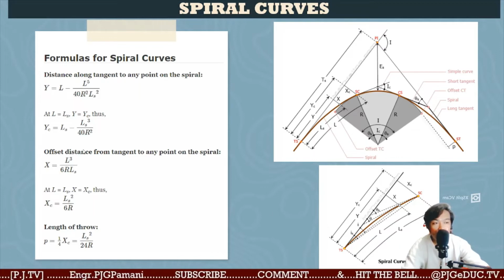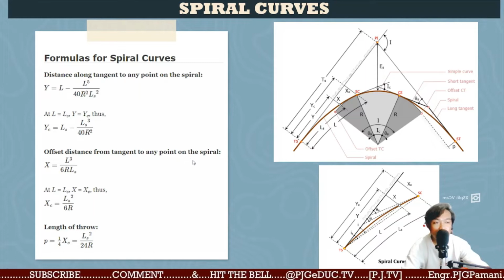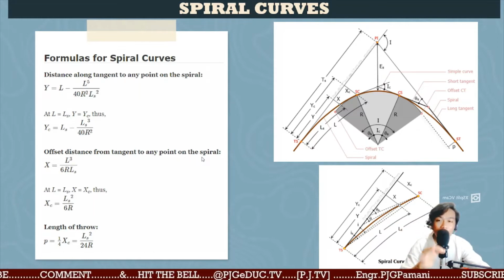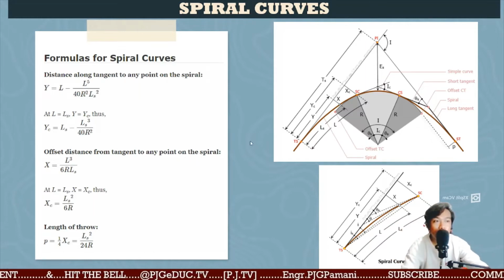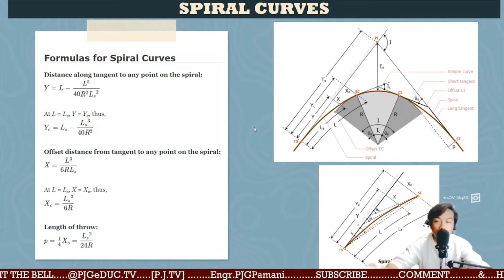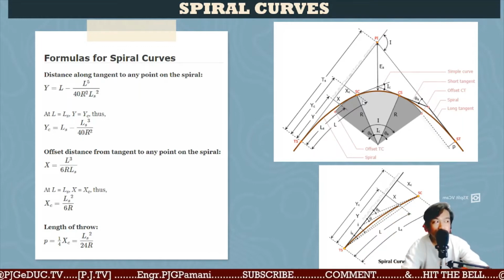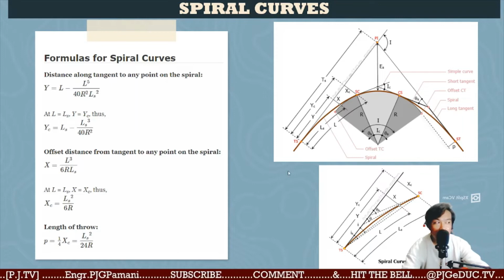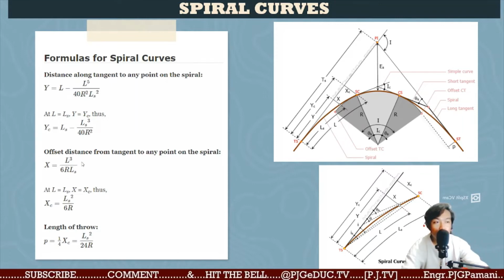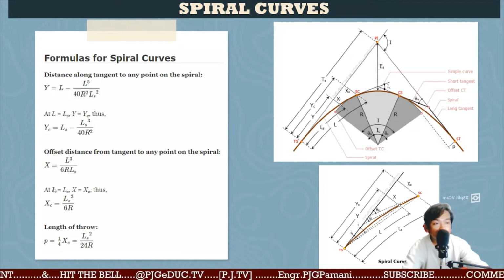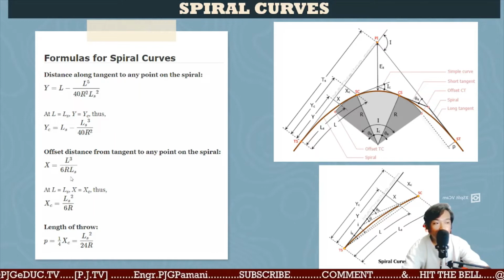Now, for the offset distance from the tangent to any point on the spiral, again, to any point of the spiral, it could either be the first, second, third quarter of the spiral curve length. So X will now be equal to L cubed over 6R LS. L yung concern length ha, then LS yung total length ng spiral curve.